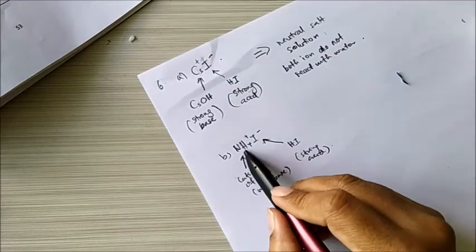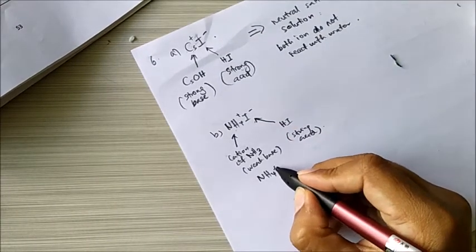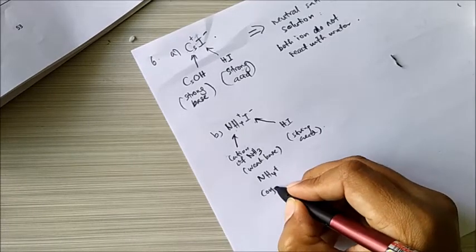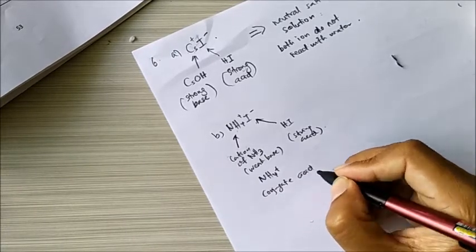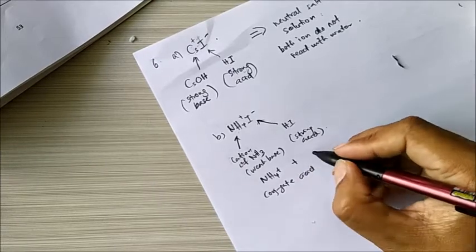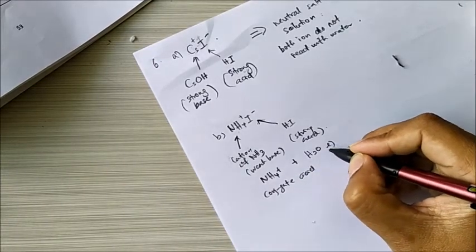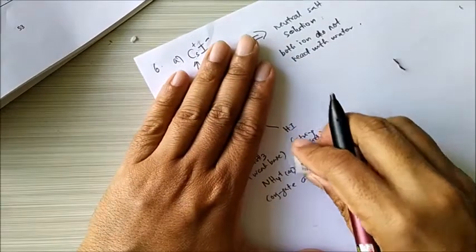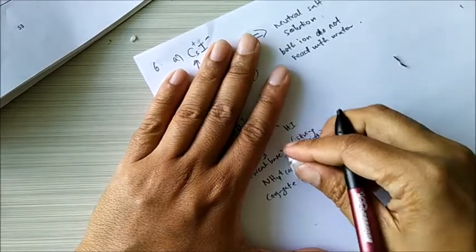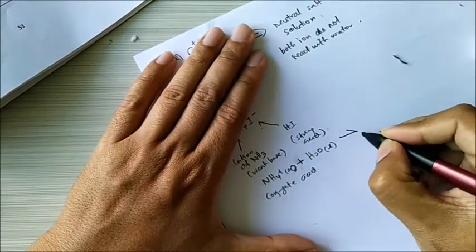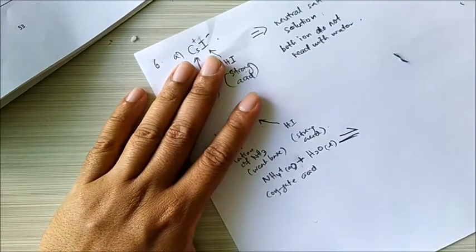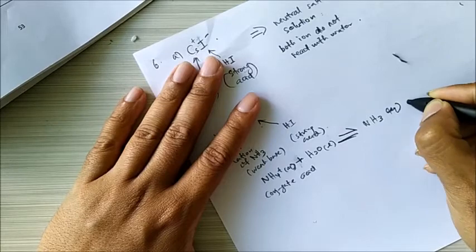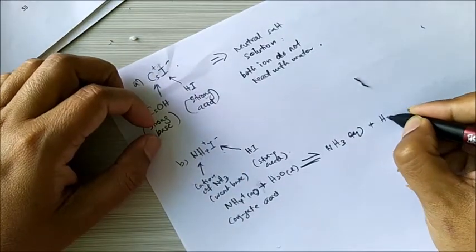Therefore, the ammonium ion reacts with water, because the ammonium ion is a conjugate acid. It hydrolyzes with water to form ammonia and H3O plus.